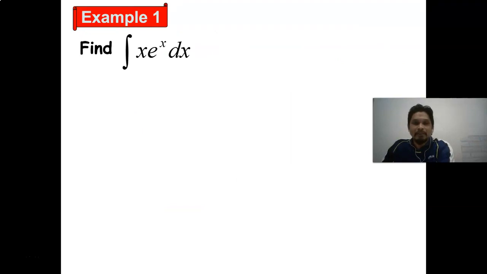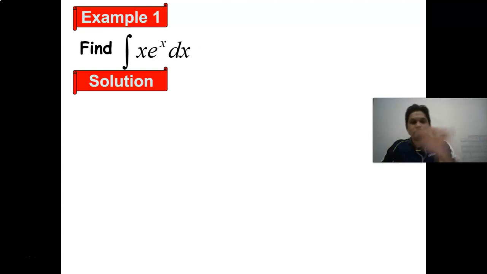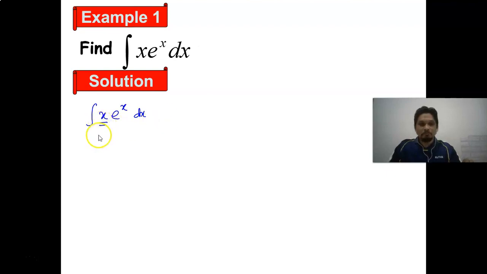Okay, so find the integral of x e to the power of x dx. Look at this one here now. The integral of x e to the power of x dx. We consider x as a polynomial, and e to the x is an exponential function.